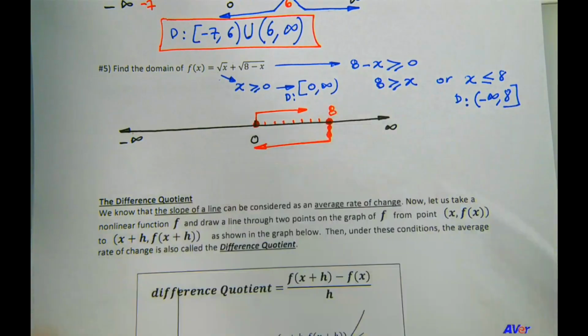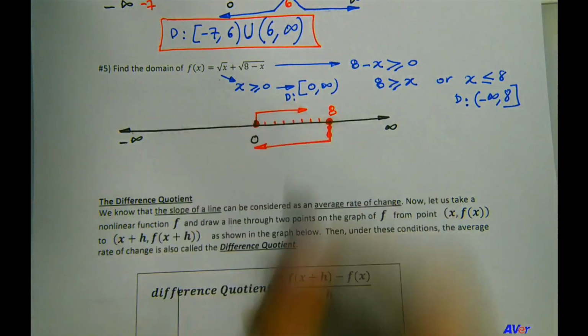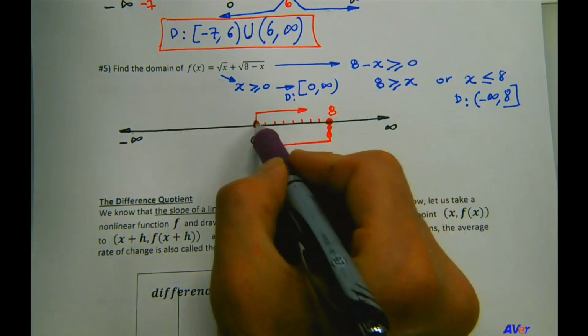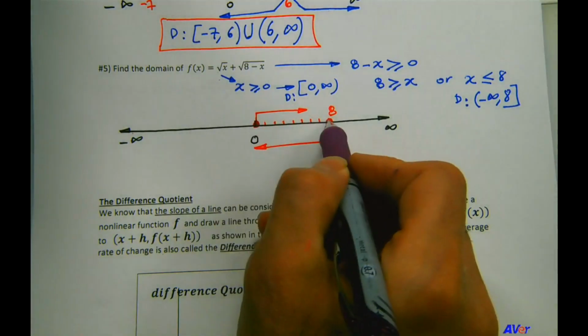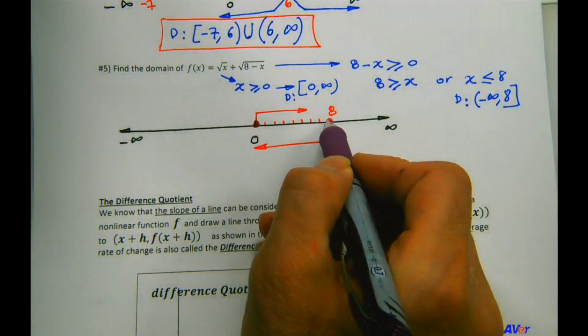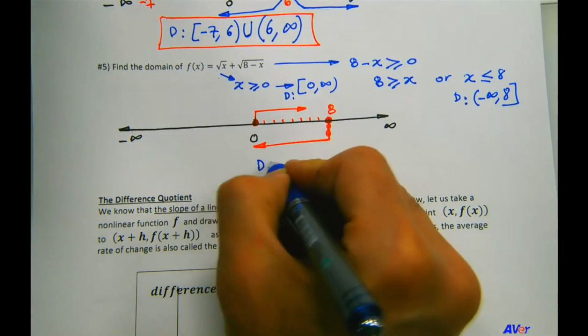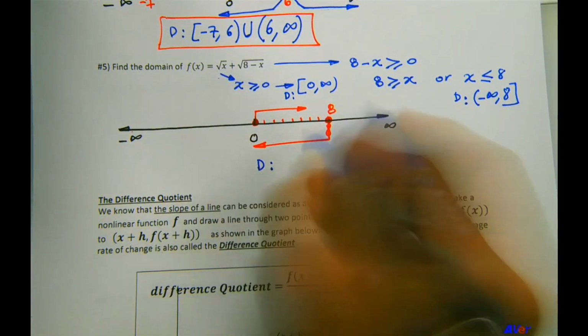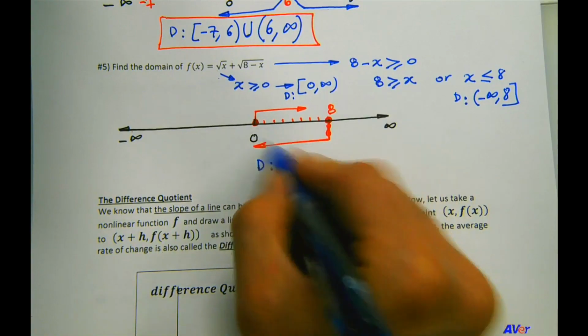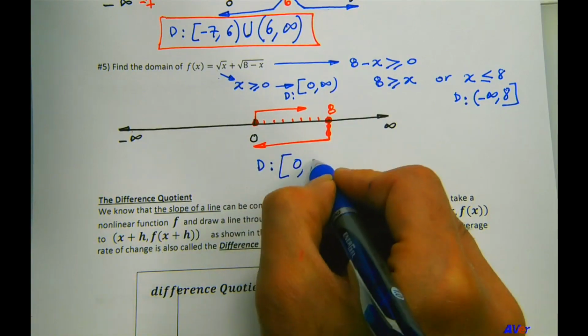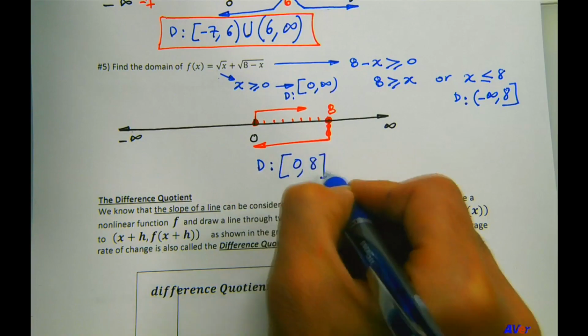So where do they overlap? It's easy to see where they overlap. You're looking at the graph. They overlap right between 0 and 8. So let's write that down. The domain of this function is from bracket 0, comma, 8, bracket.